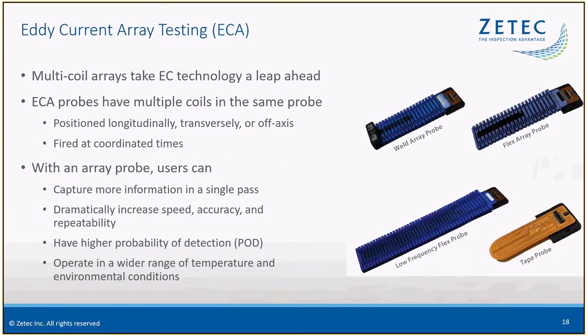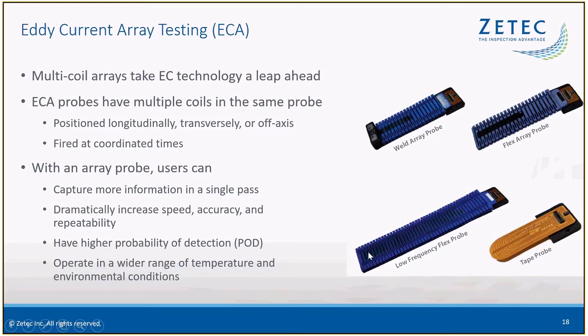So eddy current array takes those single coils and puts them into a grid of multiple coils, and you can now take the signals between coils in both the direction that you're scanning, which is axial, and transverse, which is perpendicular to the direction that you're scanning. If you had an array probe here, you would scan it in this direction, and this would be your axial direction, and this would be your transverse direction.